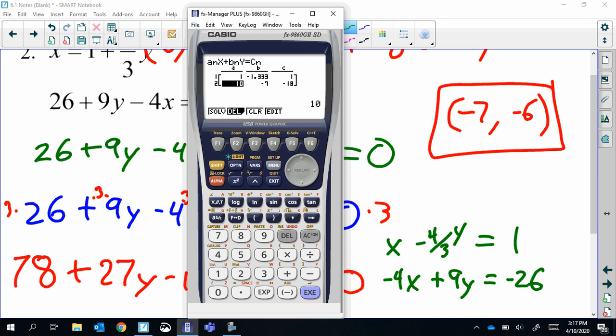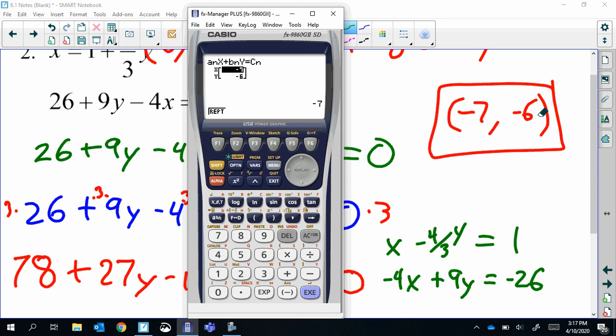And then our second equation would be -4, 9, and -26. We should get the same answer, -7, -6.